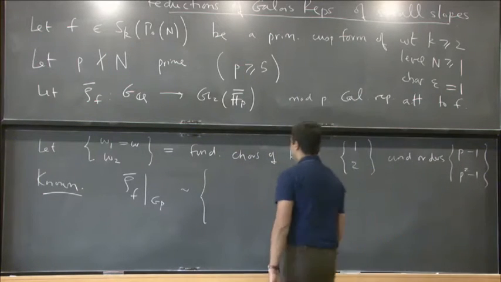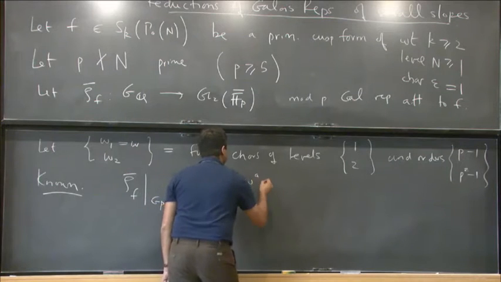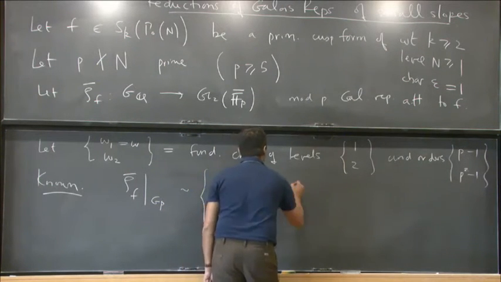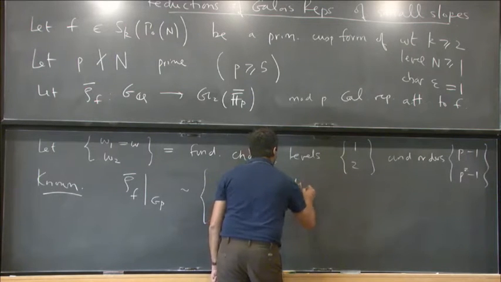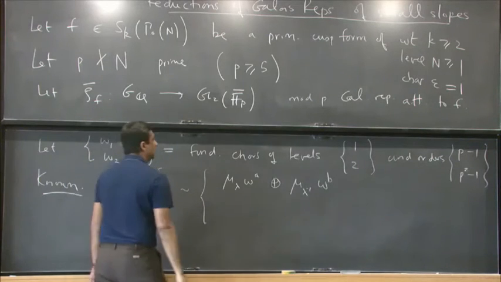That's not saying much, but there's also some sort of these fundamental characters of level 1 or level 2 that appear. Let me take the semi-simplification.